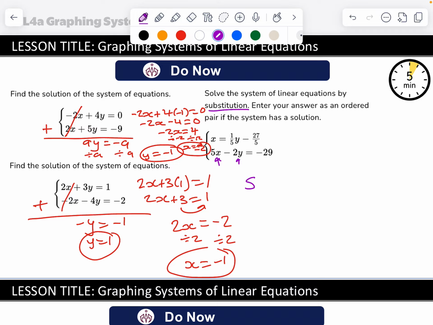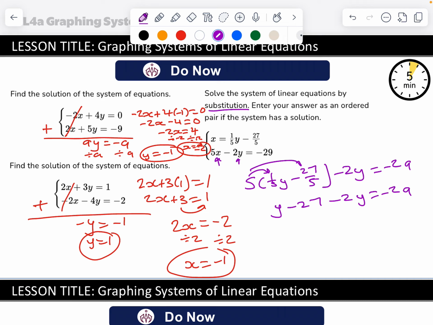So 5 times a fifth y minus 27 over 5, minus 2y equals negative 29. If we times everything by 5, you're going to have y minus 27 minus 2y is negative 29, because the 5s will cancel out on the bottom. If we simplify that, we're going to have negative y minus 27 equals negative 29.